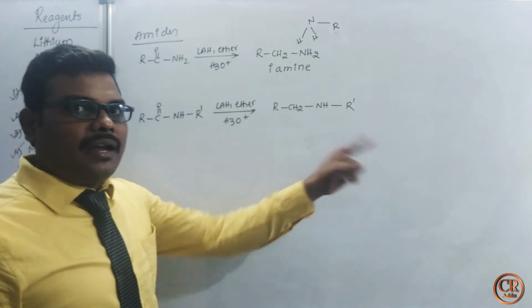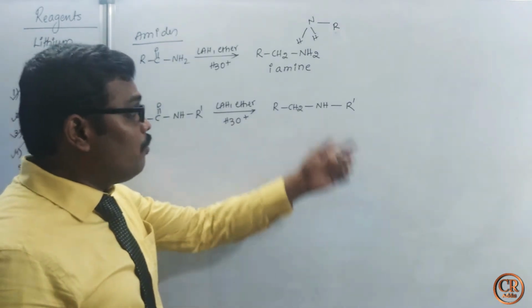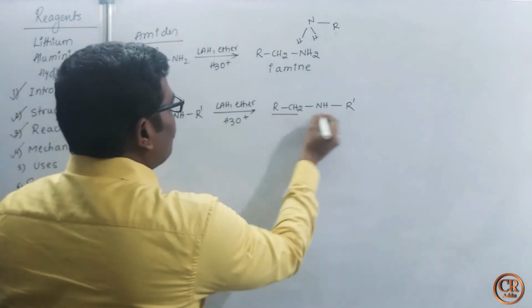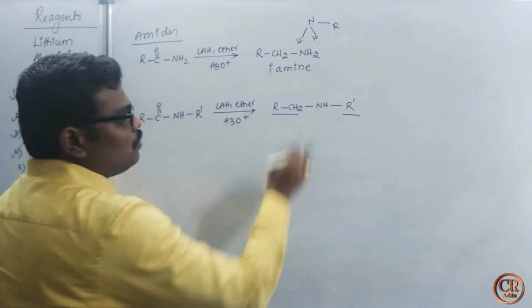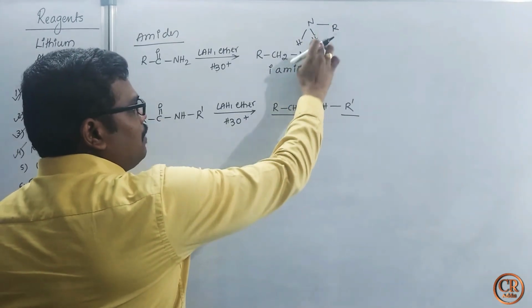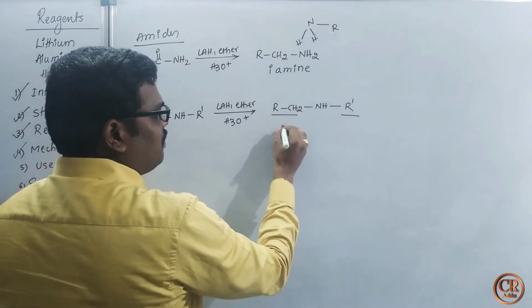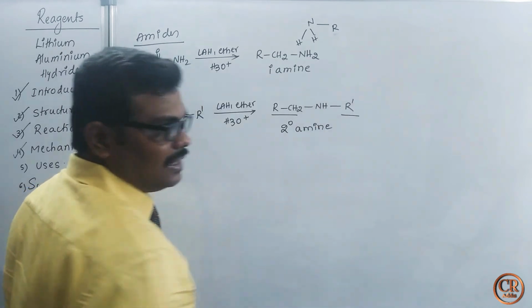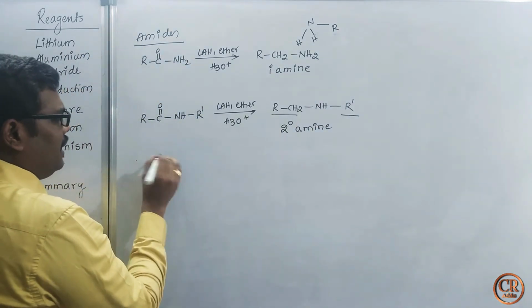See here, how many hydrogens of ammonia are replaced by alkyl group? This is alkyl group, this is also alkyl group. So 2 hydrogens of ammonia are replaced by alkyl group. That's why it is called a secondary amine.